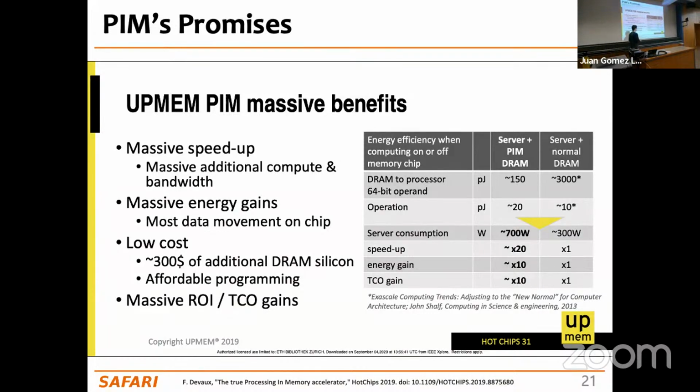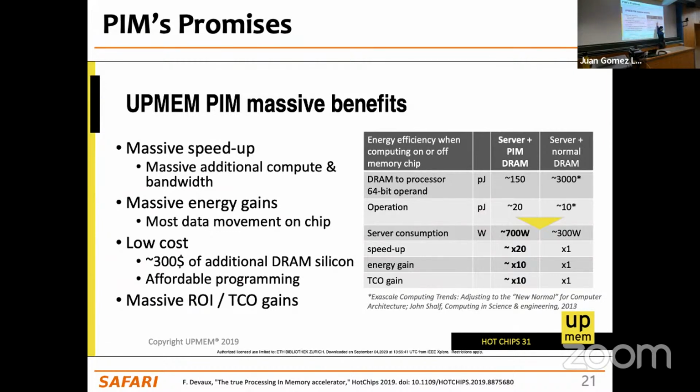So here you can see a raw comparison of the energy that is needed to move a 64-bit operand from DRAM to the processor. To the processor, meaning either the CPU or one of the DPUs that reside near the memory.